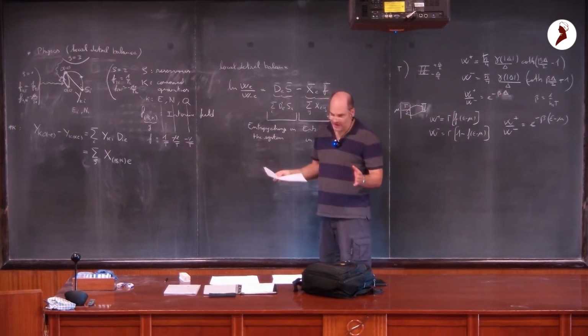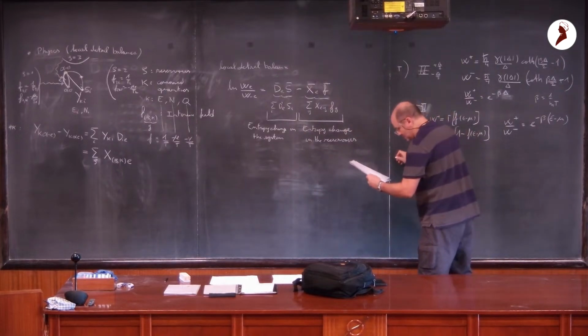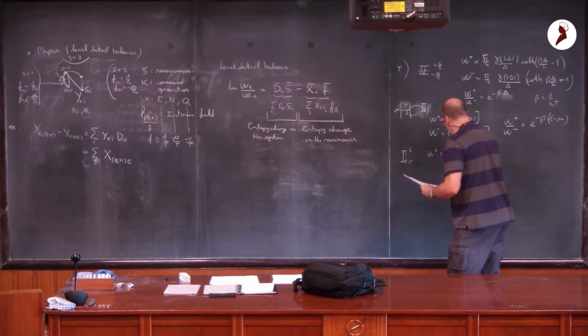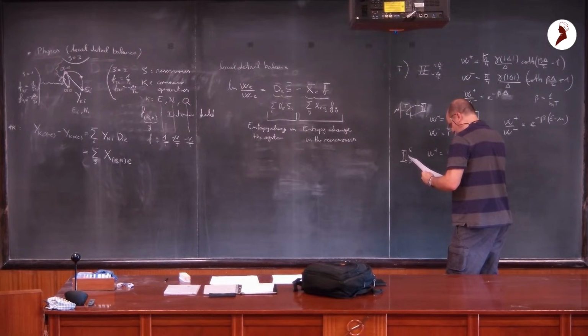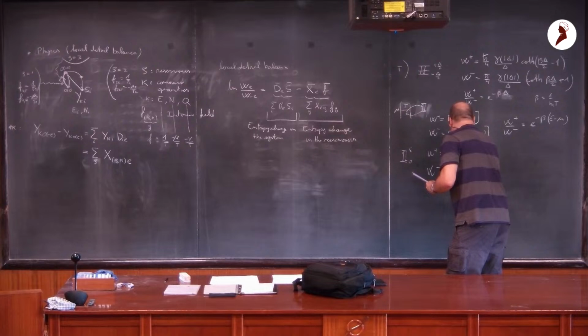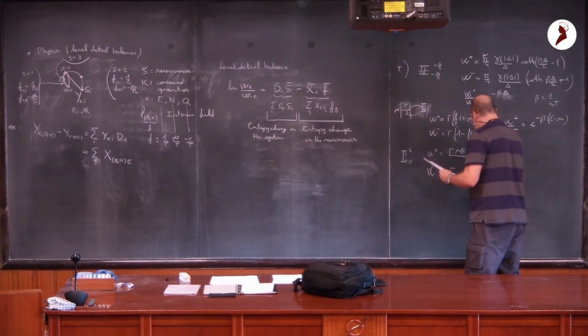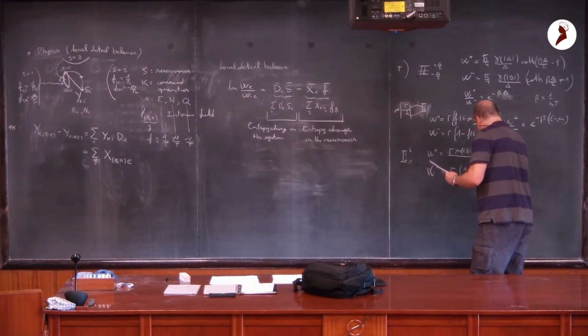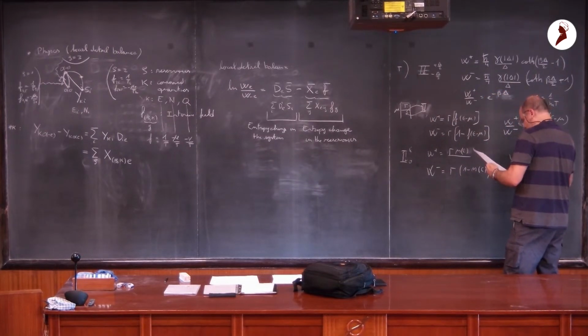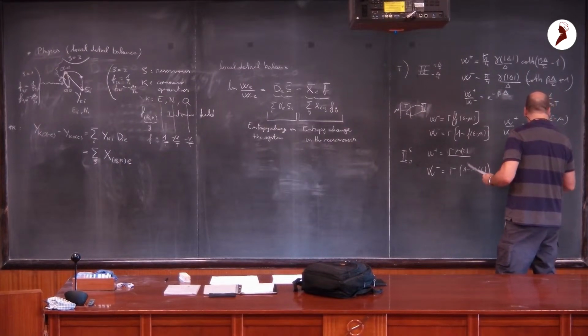You can do the same for Bose rates. If you have epsilon and 0, it's very similar, but now it's proportional to n epsilon, and W minus is going to be 1 plus n, and you can check that also here you get e to the minus beta epsilon.